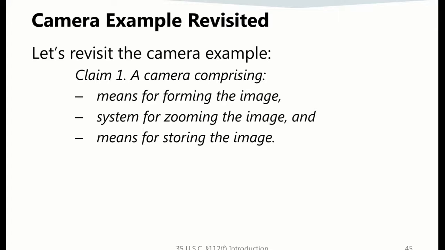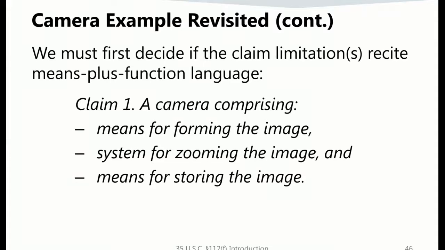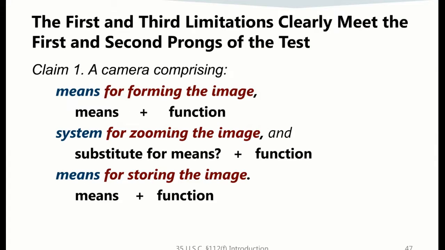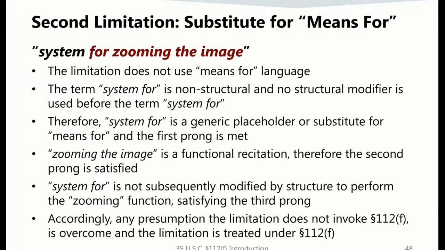Let's revisit our camera example. We must first decide if the claim limitations recite means plus function language. The first and third limitations clearly meet the first and second prongs of the test. The specification only employs the term system and provides no further structural description for this term.